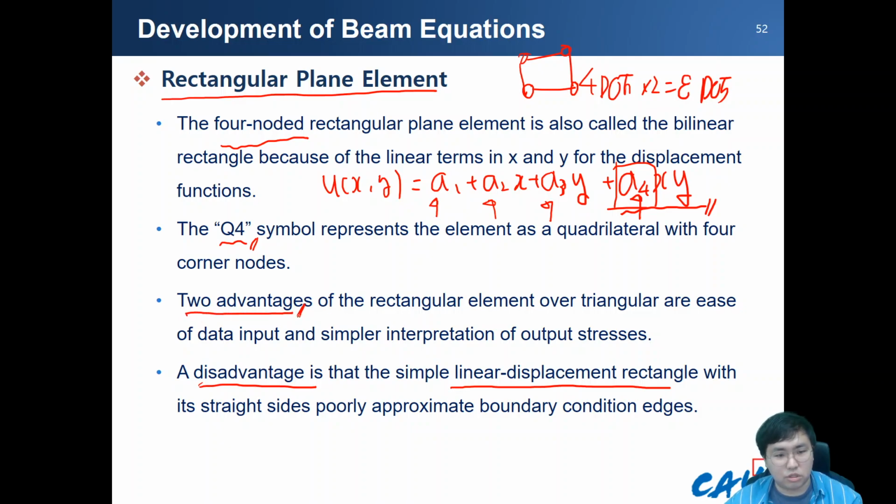Compared to the disadvantages, we have two advantages. The first advantage is that we can interpolate more accurately inside the element. In the previous triangle element, the interpolation function is a simple linear interpolation, so the result is simply mean values depending on the shapes. However, the rectangular element has a nonlinear interpolation function.